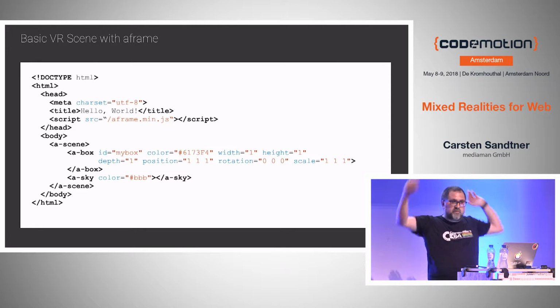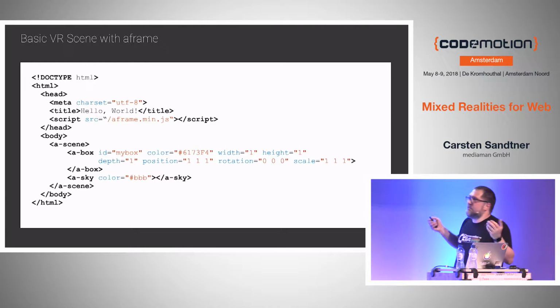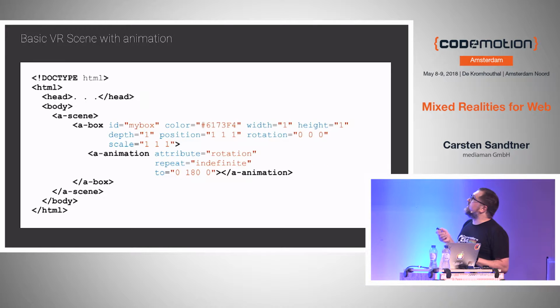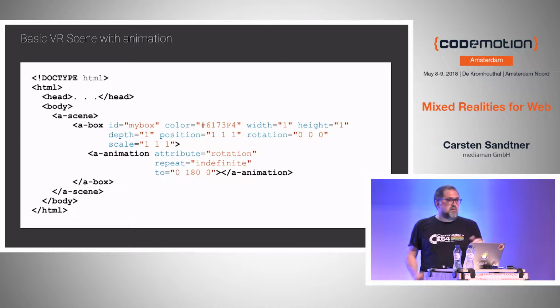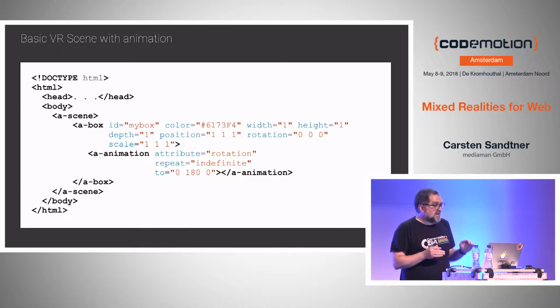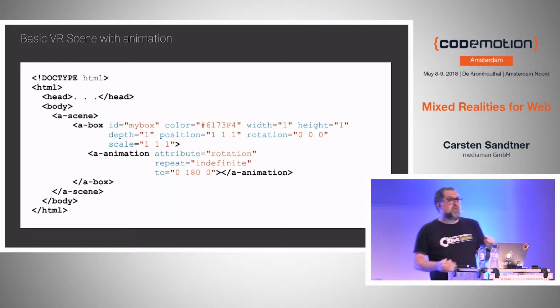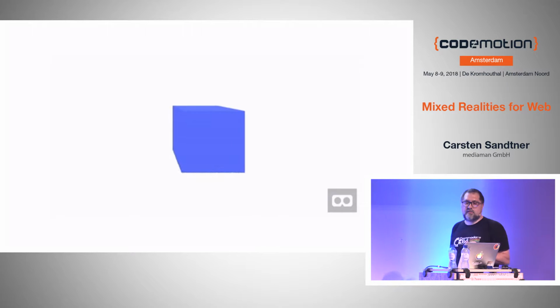So it will give you a skybox with a real sky or the 360 image. And what you also can do is you can nest some things. You can say, okay, I have a box, and in my box I have an animation with a rotation. So still everything's declarative. You don't have to program any JavaScript, and you're getting this.